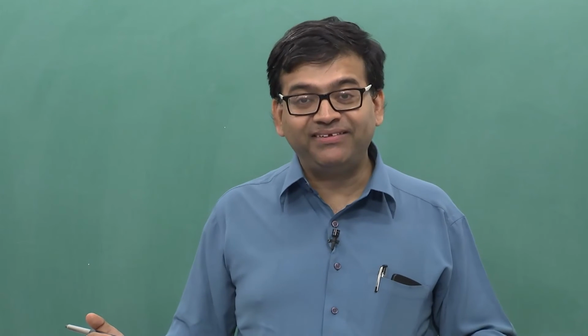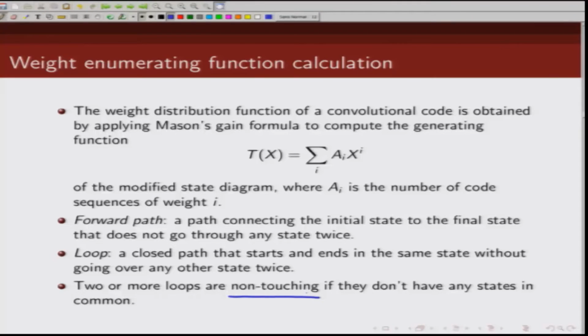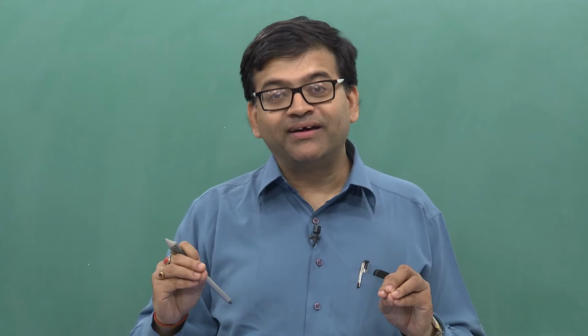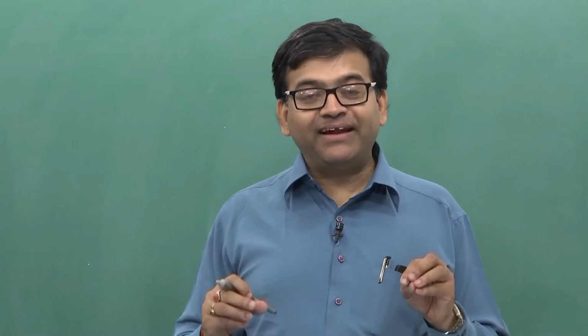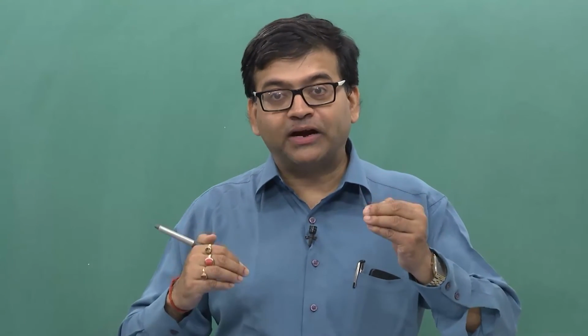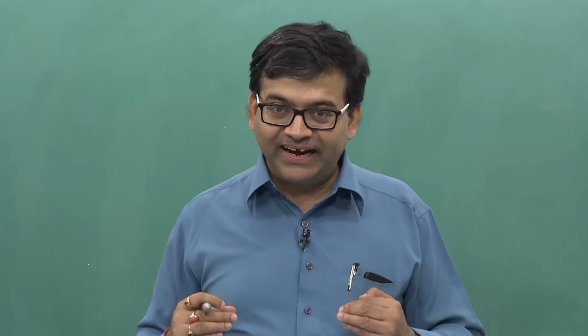So, again I repeat these three definitions. A forward path is a path from the initial state to the final state without visiting any state twice. A loop is a closed path starting and ending at the same state without going over the same state twice, and two or more loops are non-touching if they do not have any state in common.